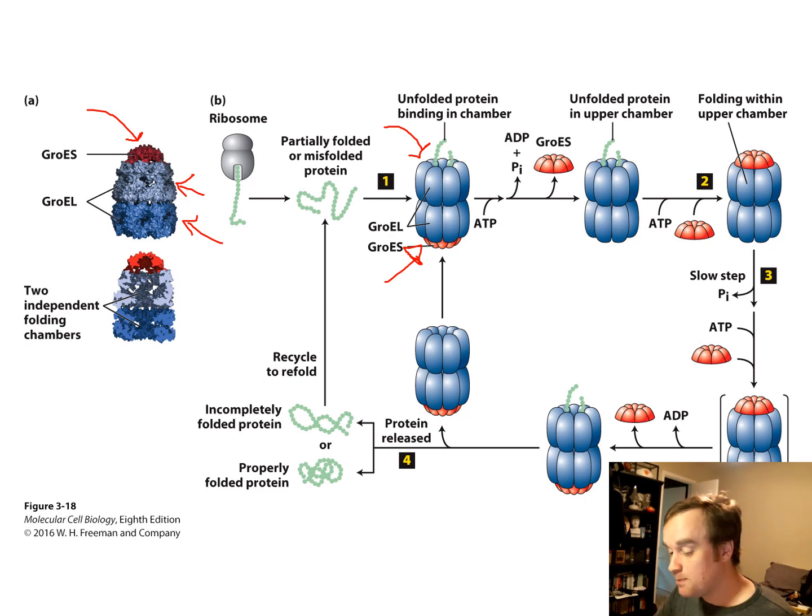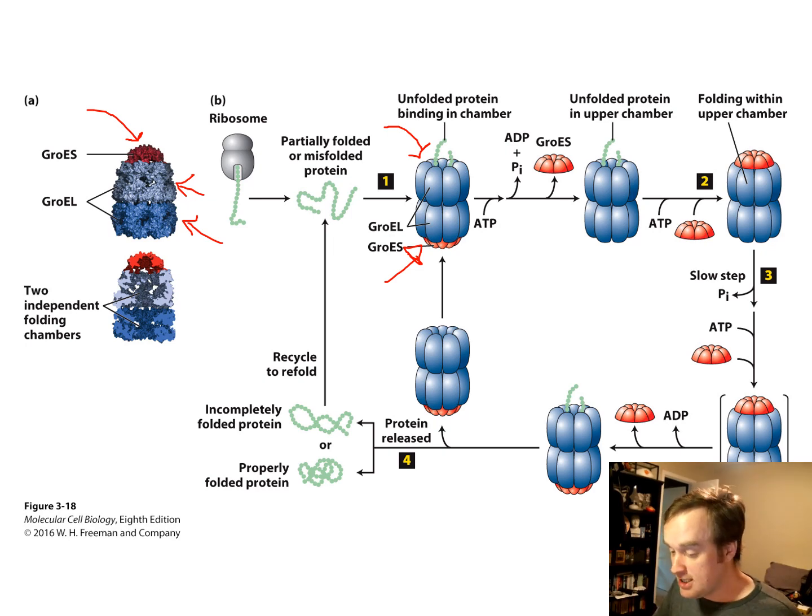In step 2, each ring of the 7 GroEL subunits, remember there's 7 for each of those 2 chambers, hydrolyze ATP and release ADPs in a set order which coordinate the GroES binding and release and the polypeptide binding, folding, and release. So that's where the energy comes in. Each one of those 7 subunits will hydrolyze ATP and allow energy for these folding and conformational changes.